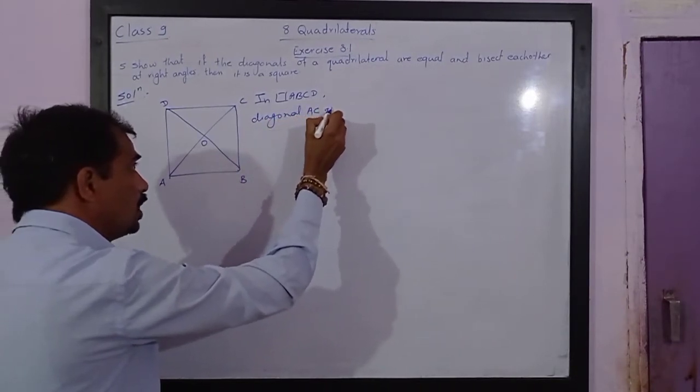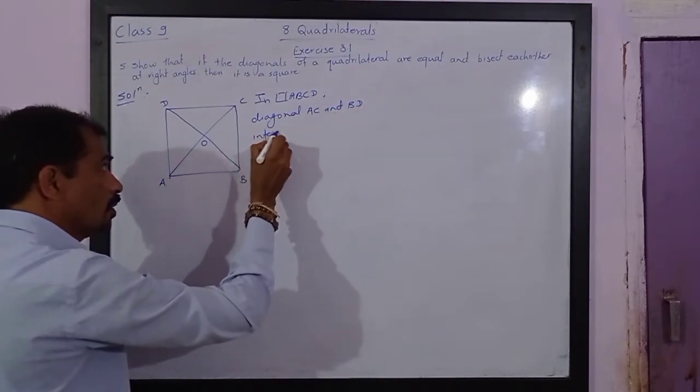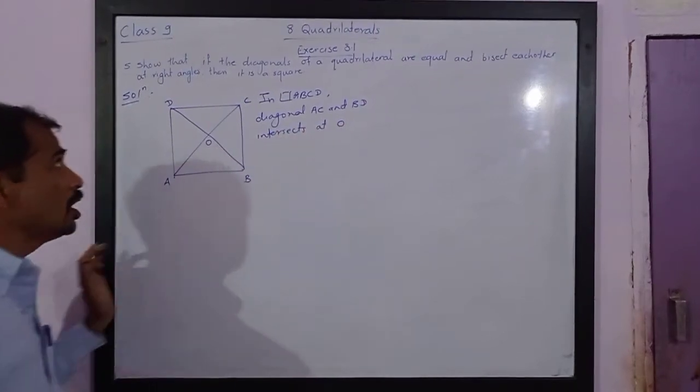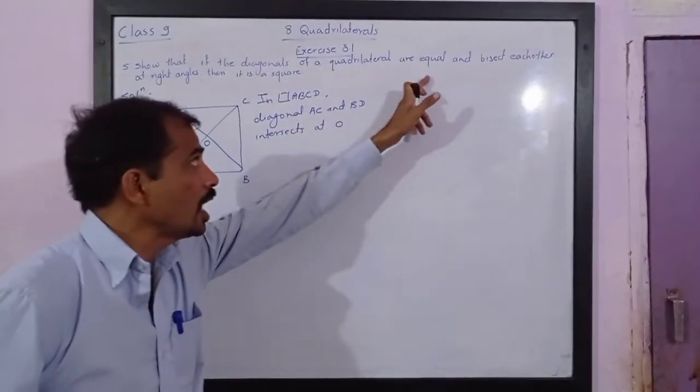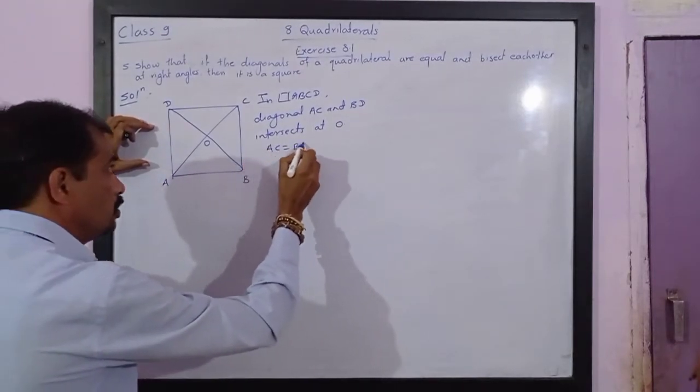We are also given the diagonals of the quadrilateral are equal. It means we are given that AC equals BD.